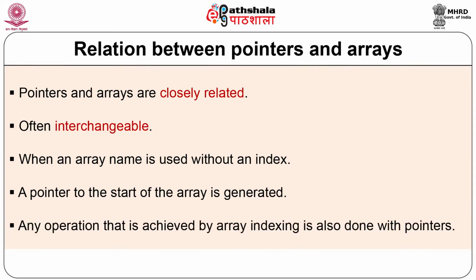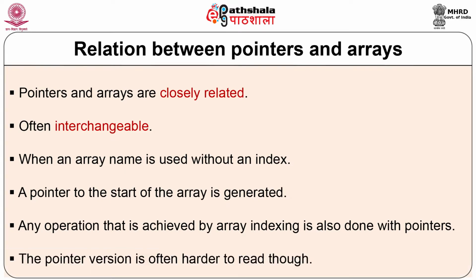Any operation that can be achieved by array indexing can also be done with pointers. Therefore, we can say they are interchangeable. The pointer version is often harder to read.